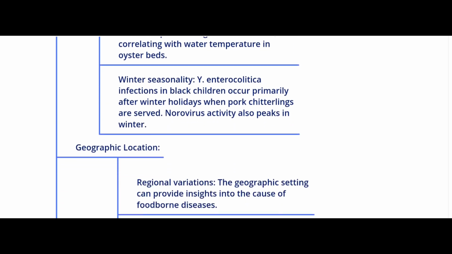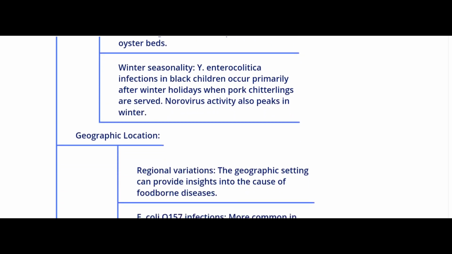Winter infections are usually viral infections, with children who have really small areas to sit in during the winter, and it can be yersiniosis in black children, especially when pork chitterlings are served in winter holidays.